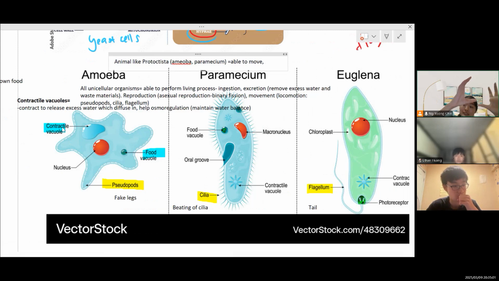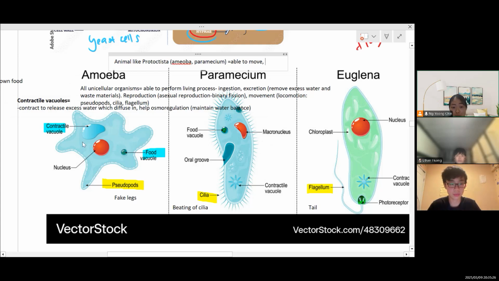But if there is too much water inside the vacuole, just like a balloon filled with a lot of air, it is going to explode. So we want to prevent the vacuole from exploding due to excess water, and we want to excrete the excess water outside. That's why the contractile vacuole always performs contraction. When they contract, water flows out.